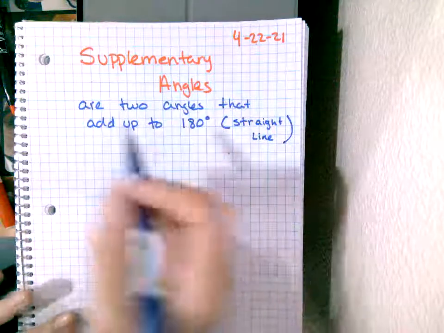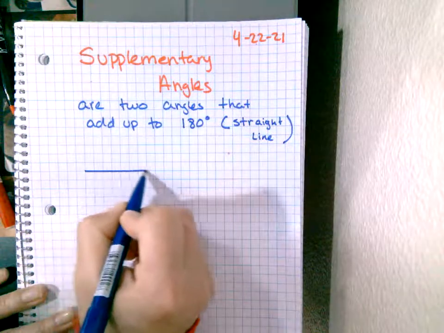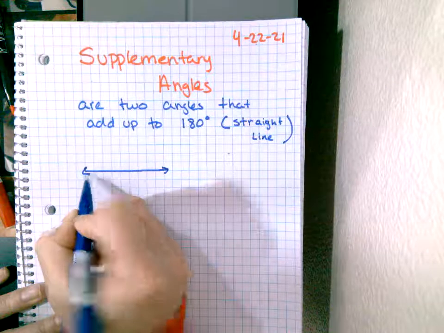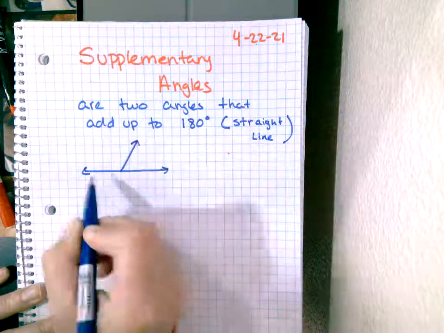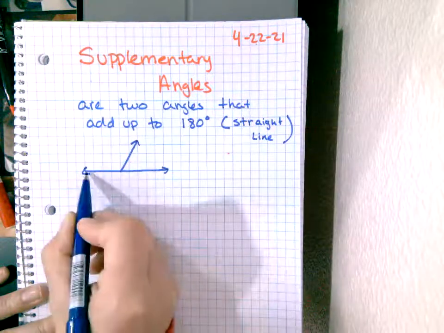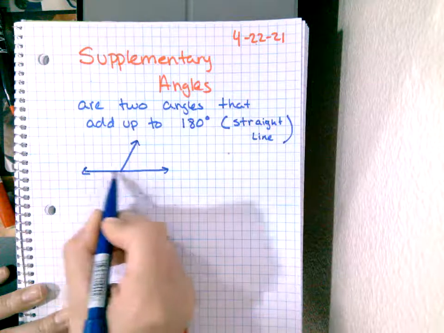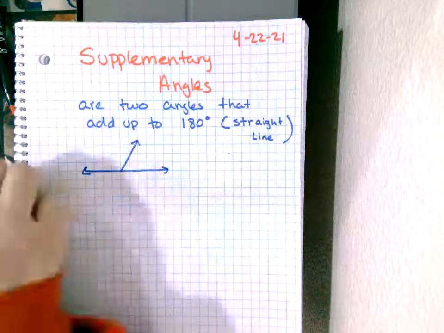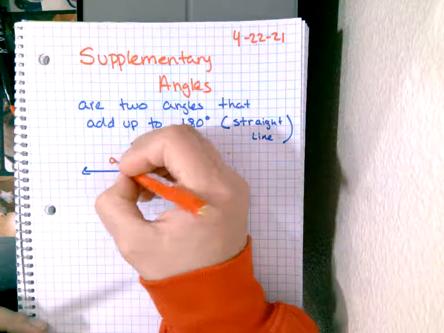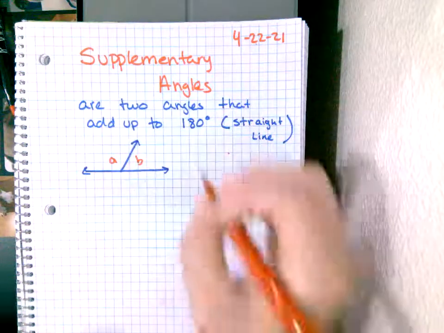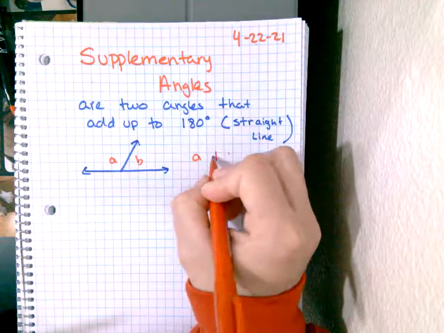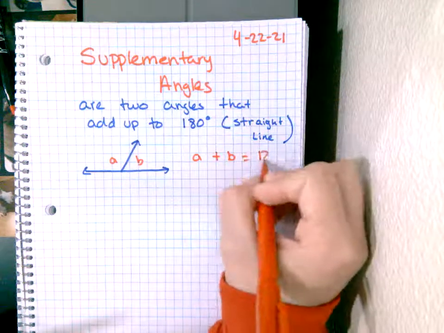Okay. So supplementary angles look like they add up to 180 degrees, because a straight line equals 180. But here I have two angles, angle A and angle B. So today, angle A plus angle B equals 180 degrees.